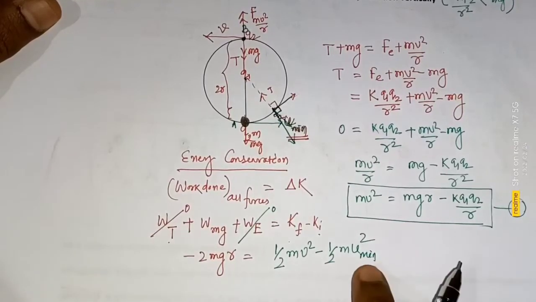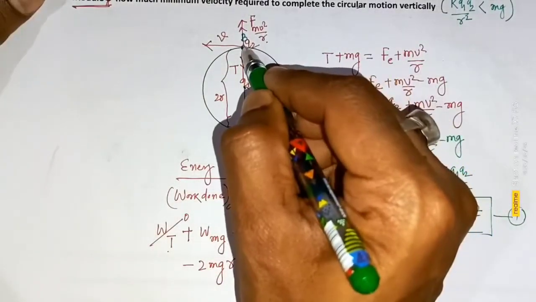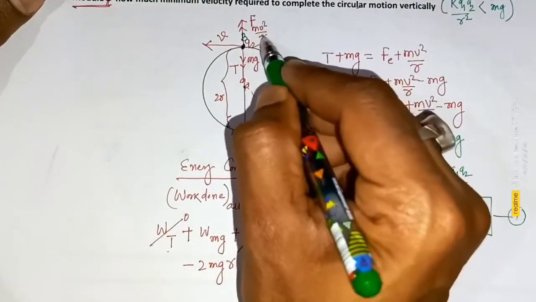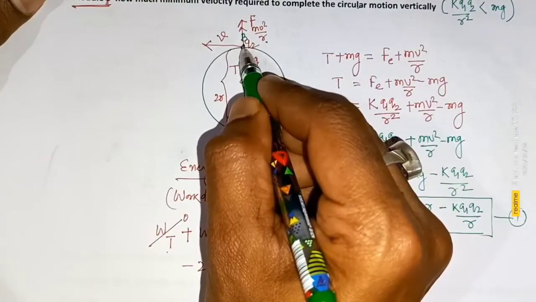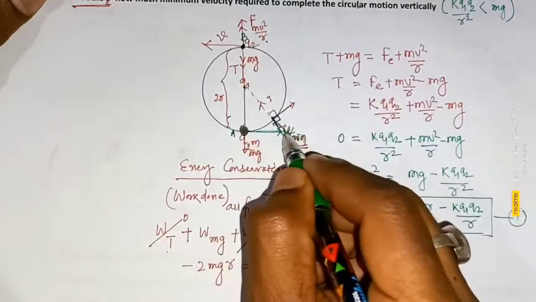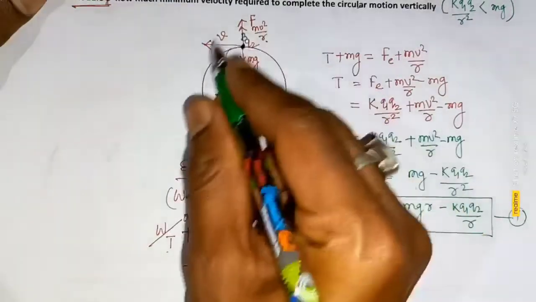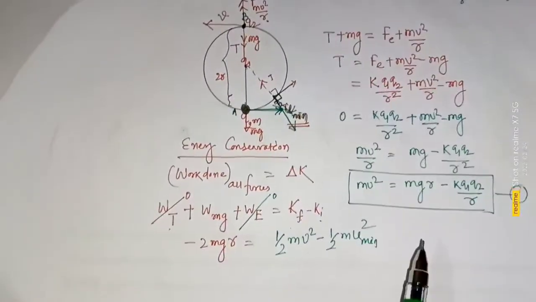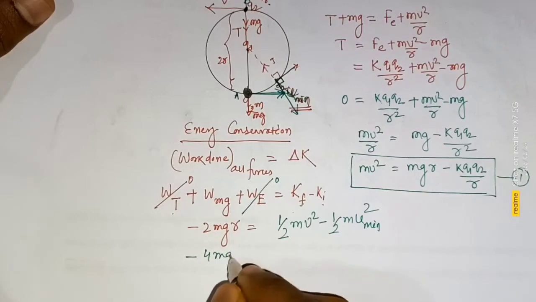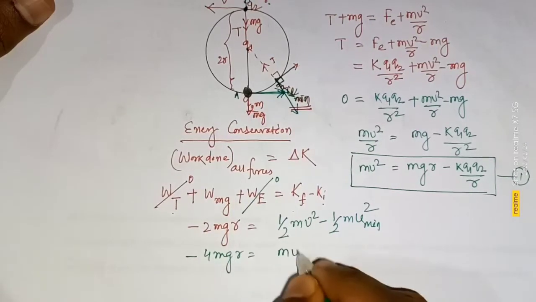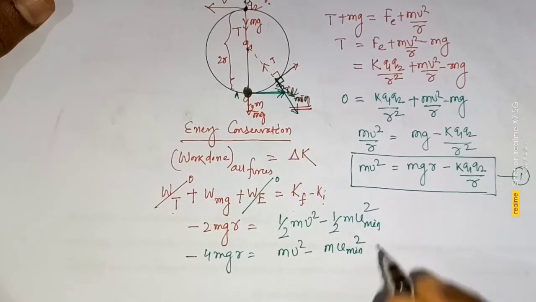The u minimum is required because I already mentioned mv square by r is the centrifugal force at this instant. So v is the velocity at this instant, and u minimum is the minimum velocity that I provide so that it can make a complete vertical circular motion. With a little arrangement, minus 4mgr equals mv square minus m u minimum square.